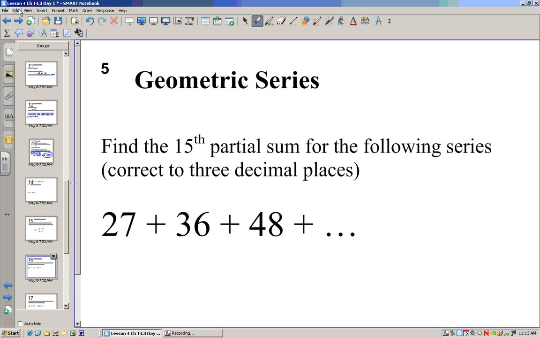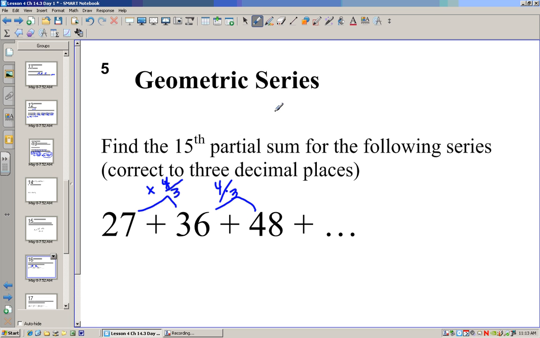Now, try to do this one on your own. So pause the video, do the best you can. Here we have to multiply by 36 divided by 27, which is 4/3. Now, a common mistake on this is to divide this on your calculator and just put 1.3. But 1.3 can quickly distort what the true answer would be.